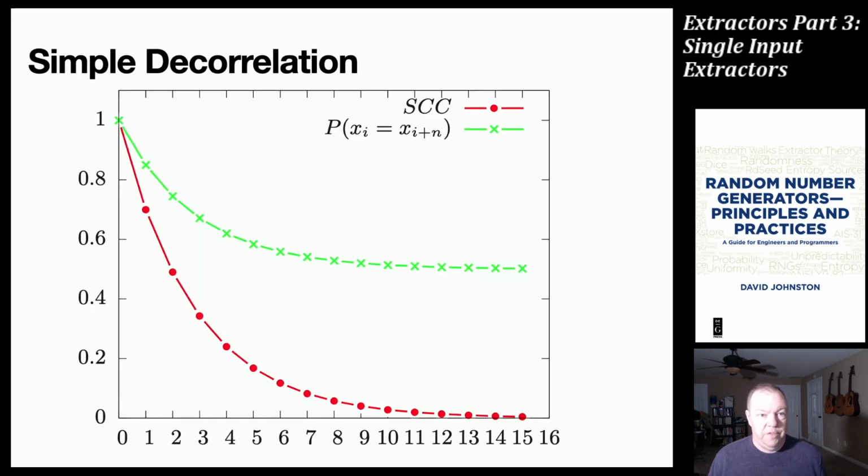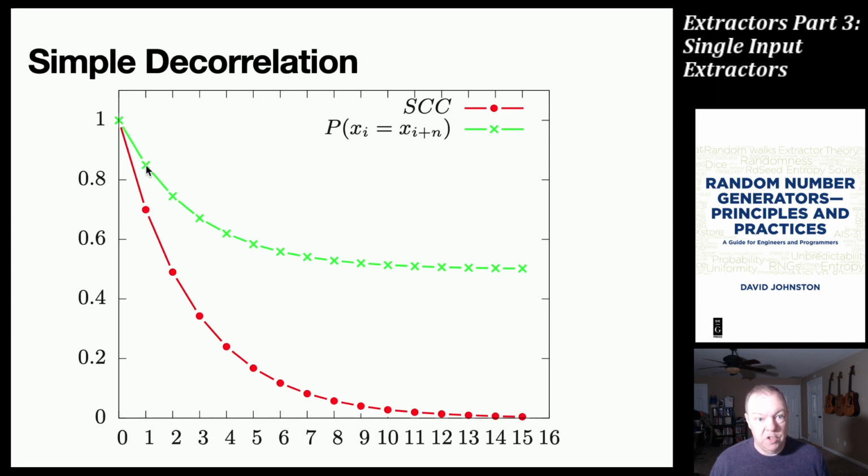So let's first talk about decorrelation. We'll look at the case where we know we've got serial correlation in the source data, and we want to reduce it. And here's an example of data that is serially correlated, and this is a parallelogram.